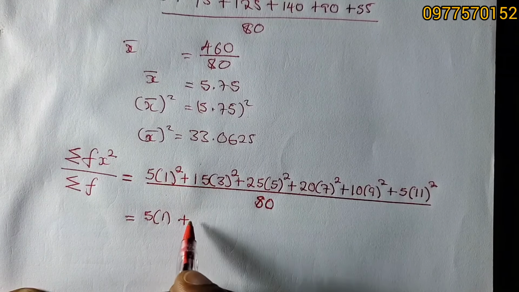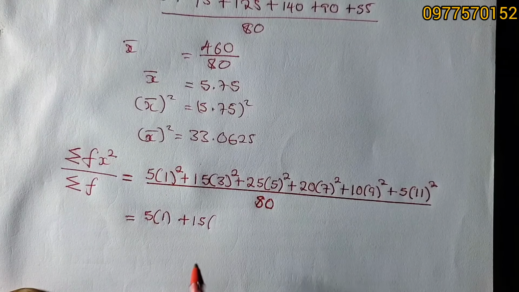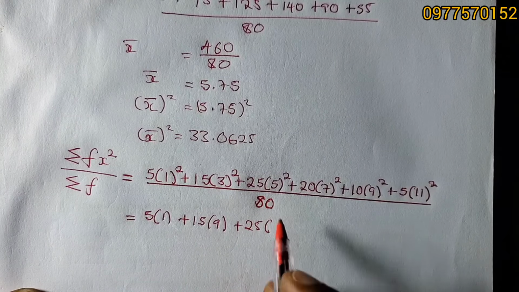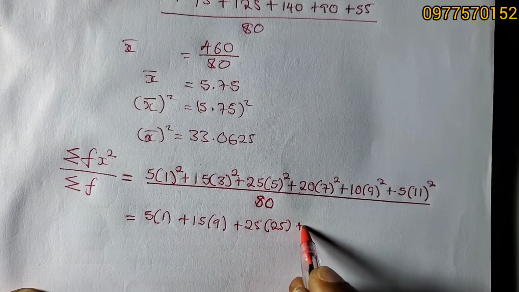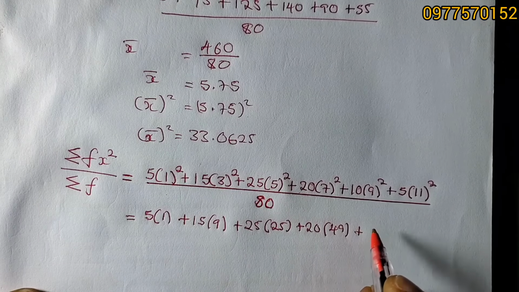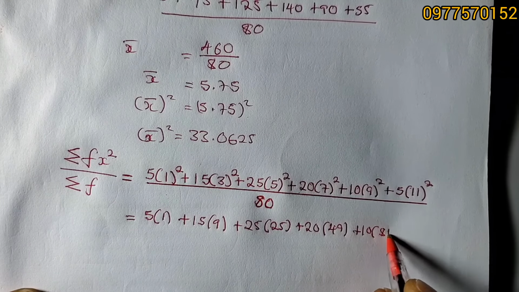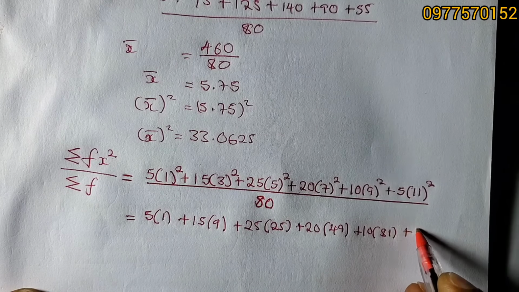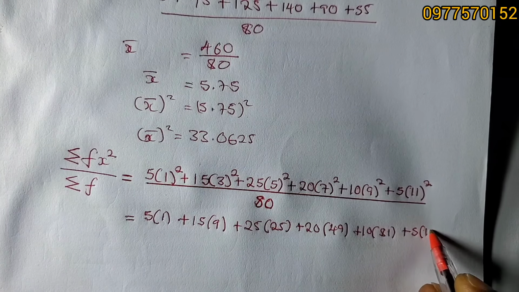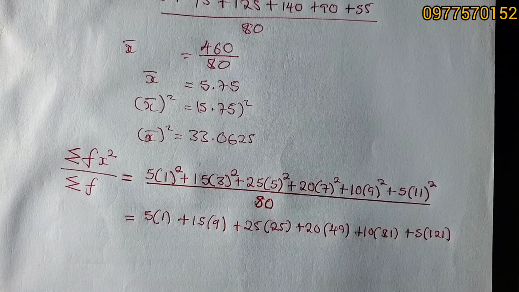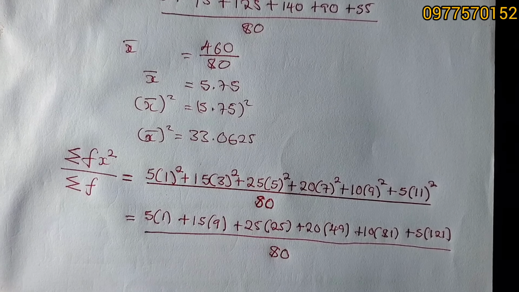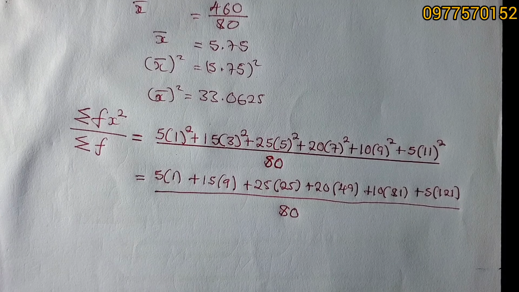Then 15 times 3 squared is what? 9, plus 25 times 5 squared is 25, plus 20 times 7 squared is what? 49, plus 10 times 9 squared is 81, plus 5 times 11 squared is 121. So the whole of this is divided by what? Divided by 80.